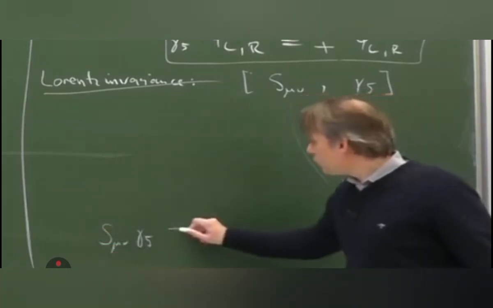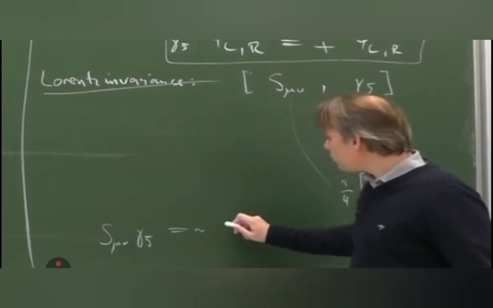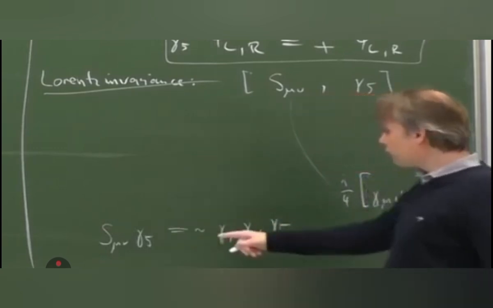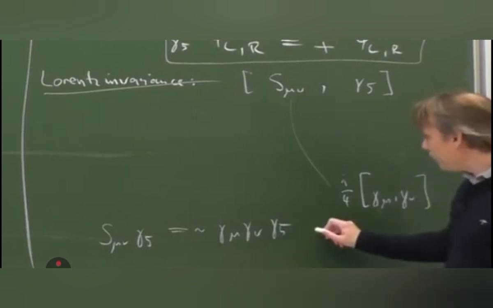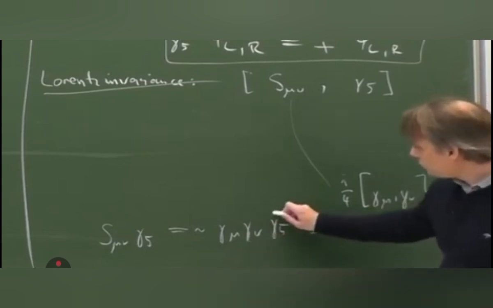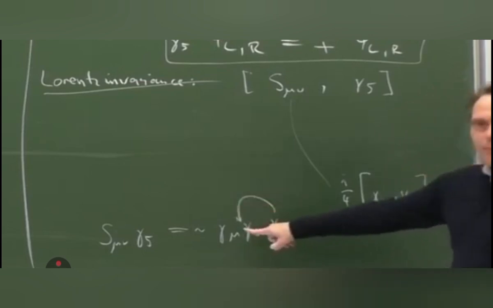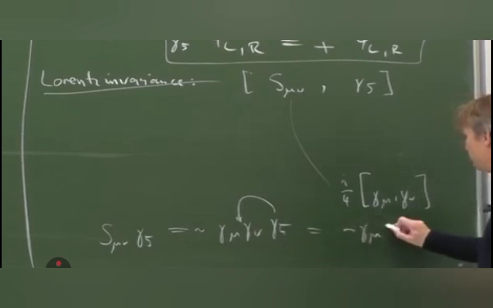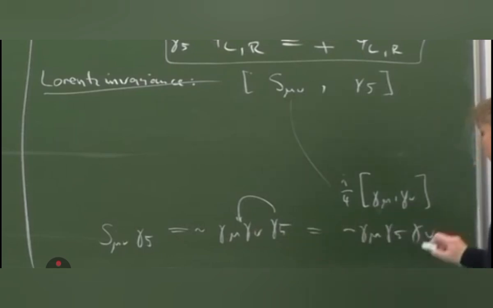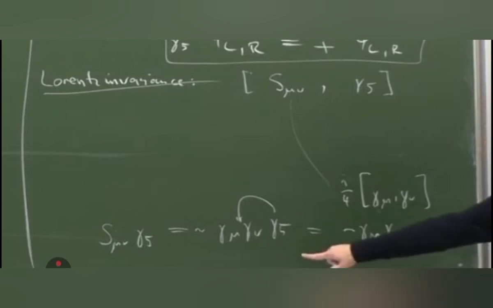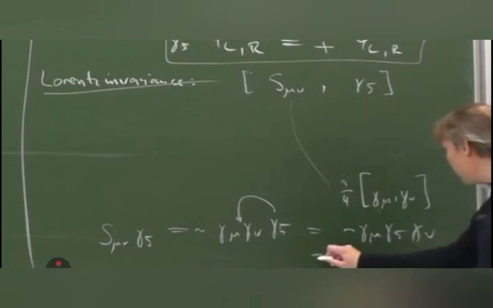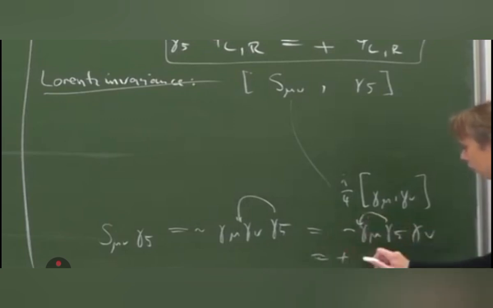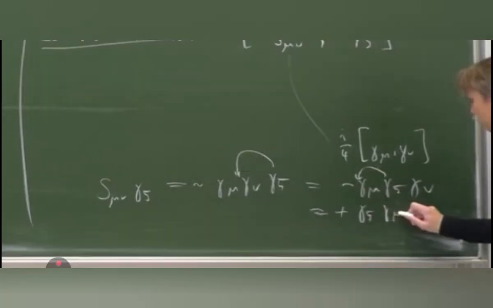So one term would be gamma mu, gamma nu, gamma 5. Let's just look at such a term. Then I can bring the gamma 5 here and get a minus sign. So this would be minus gamma mu, gamma 5, gamma nu, because of the anti-commutation rule. And then I can bring it once again to this place, and then I get plus gamma 5, gamma mu, gamma nu.